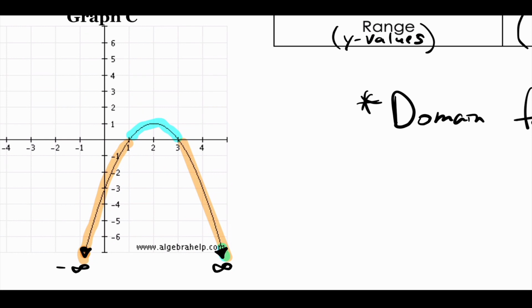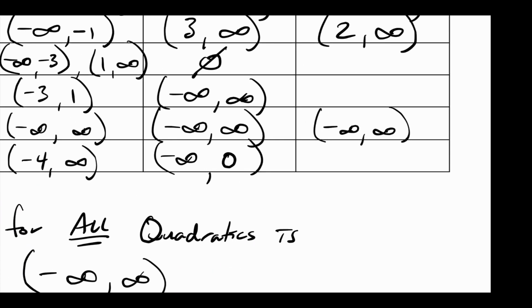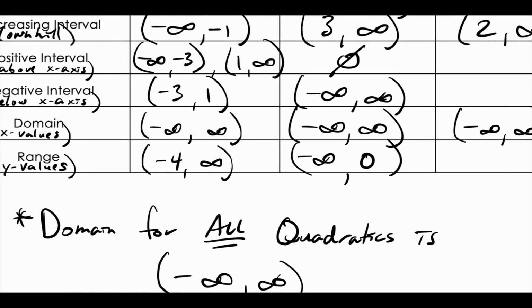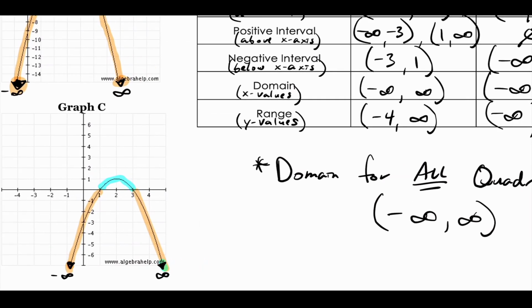So we go from negative infinity to 1, and also 3 to positive infinity. That's where I'm below water. Where am I above water? 1 to 3. So I'm above in one spot, 1 to 3. Below everywhere else.